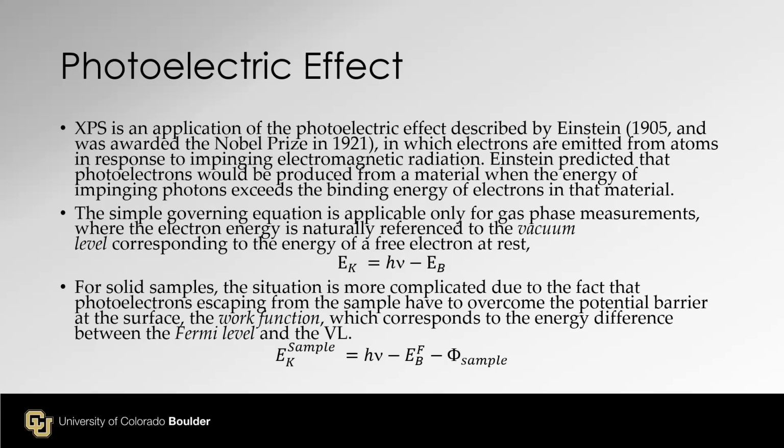So the photoelectron kinetic energy of the sample equals the incident X-ray photon energy minus binding energy of the core electron relative to the Fermi level minus the work function of the sample. So this is the true relationship.